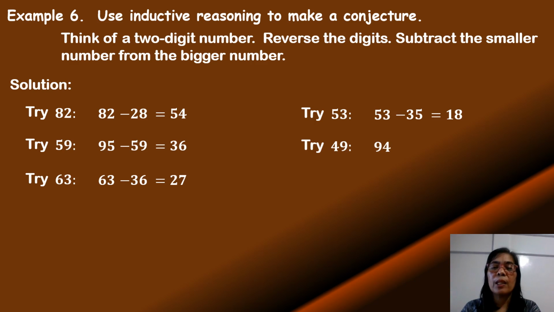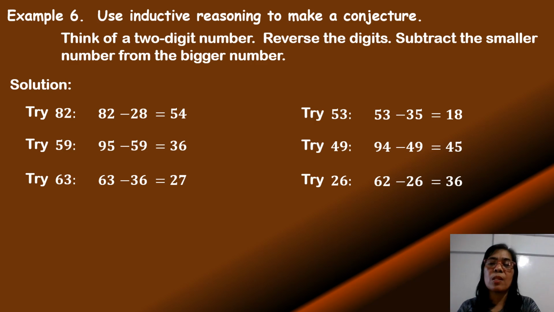Say 49. Its reverse is 94. So 94 minus 49 will give us 45. Then we try 26. Its reverse is 62, and 62 minus 26 will give us 36. Let us now make observations of the tried numbers and the results when we follow the process.